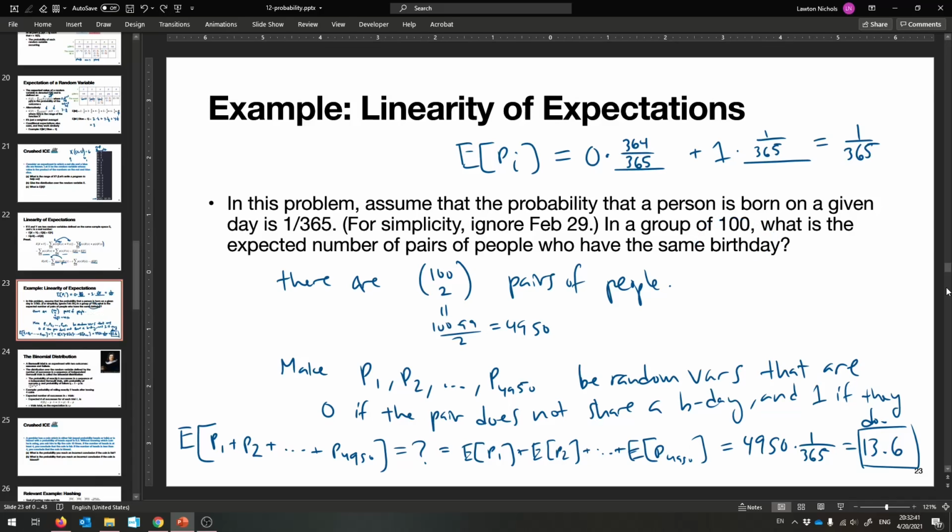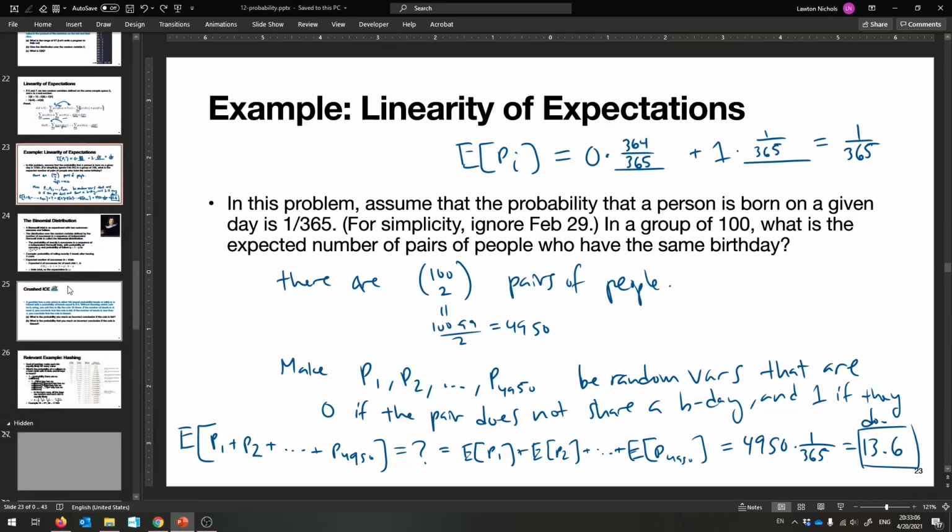That's the idea, okay? And so this is a nice looking number. It's the number of pairs of people and the probability that any one of them is born on the same day as another person in their pair. Isn't that beautiful? So that is the linearity of expectations. It allows us to solve this kind of problem very easily.